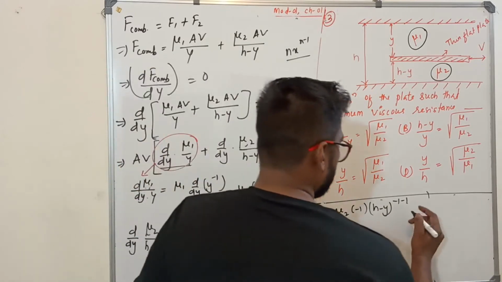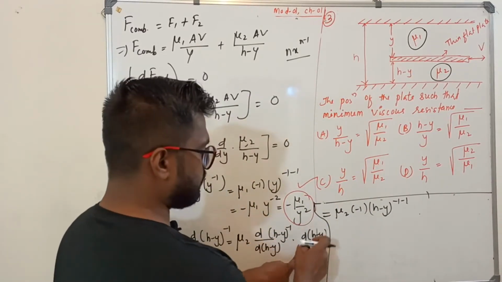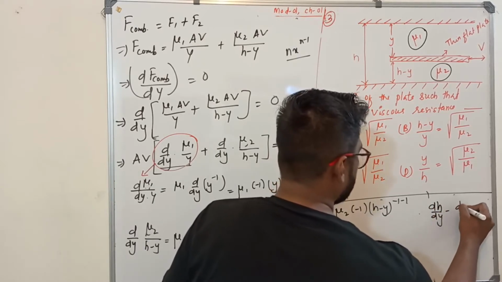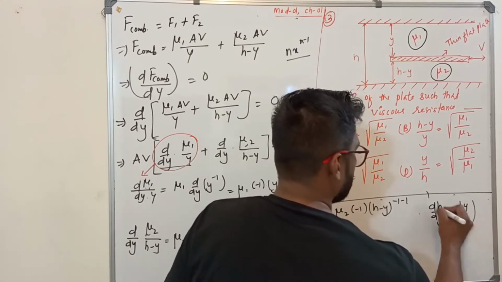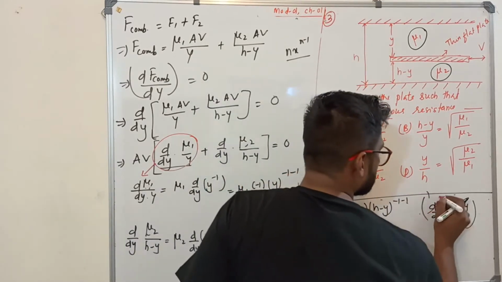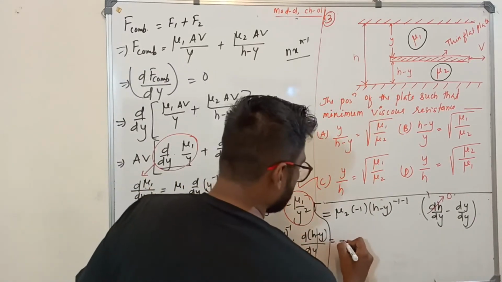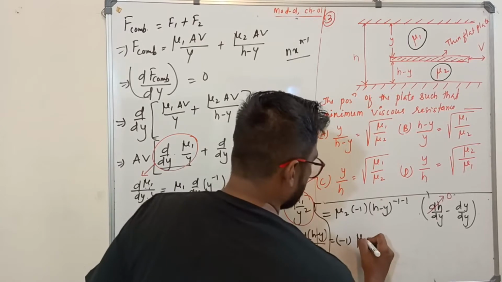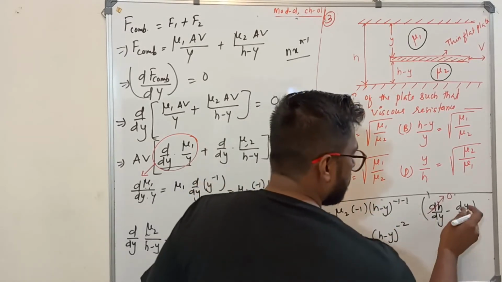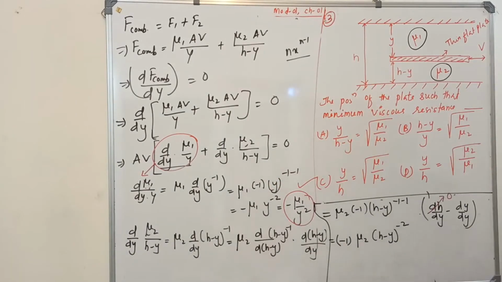Now d of h minus y by dy, open it: dh by dy minus dy by dy. H is constant, this height is constant, differentiation of a constant is 0. So what you got? Minus 1 into mu2 multiplied by h minus y to the power minus 2. Dy by dy is 1, minus is there, so 0 minus 1 is minus 1.